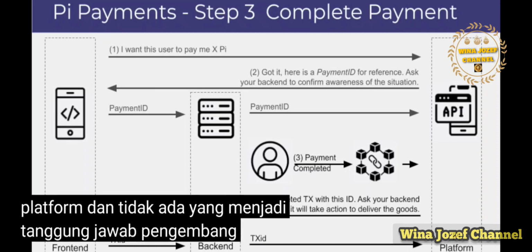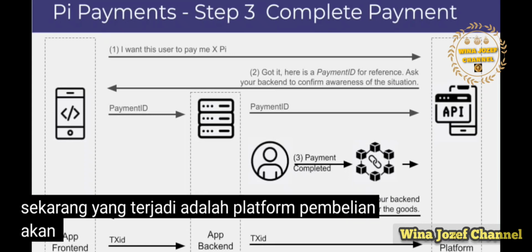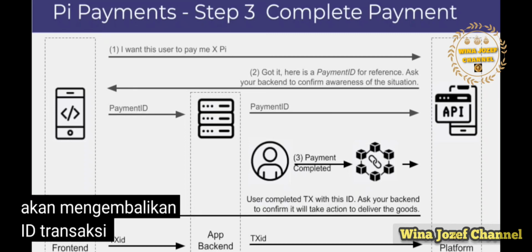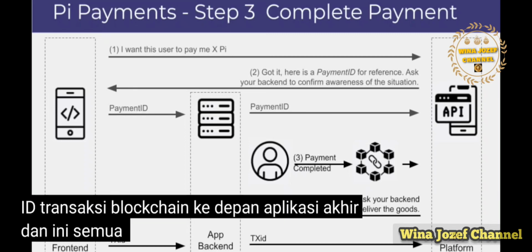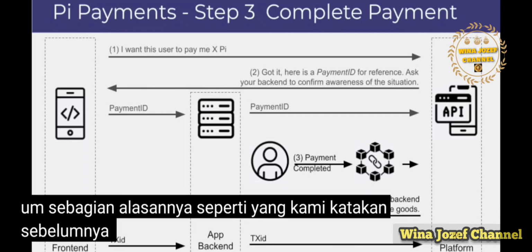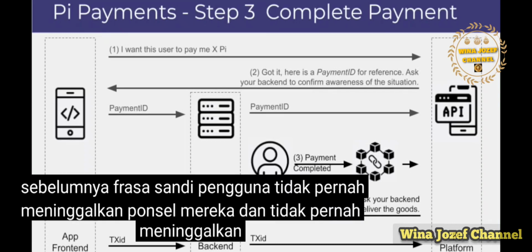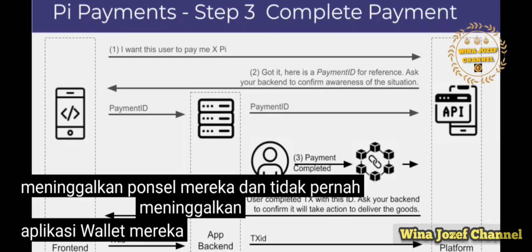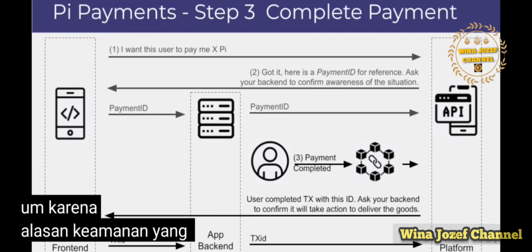Now, what happens is the Pi platform is going to return the blockchain transaction ID to the app's front end. And this is all happening on the front end side. Part of the reason being, as we said earlier, the user's passphrase never leaves their phone and never leaves their wallet app, for obvious security reasons.